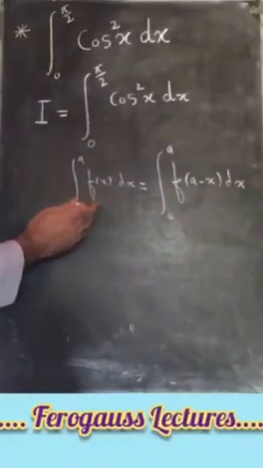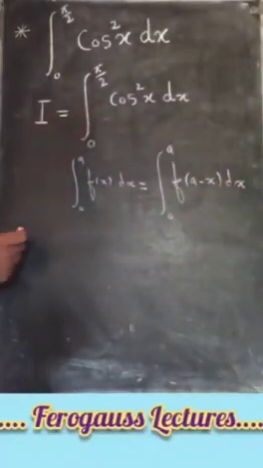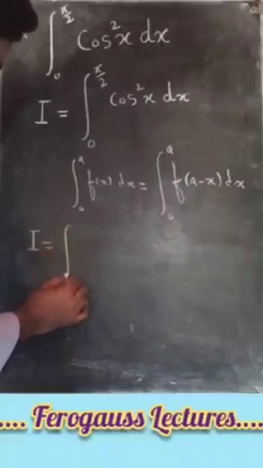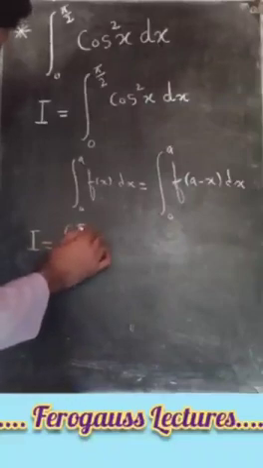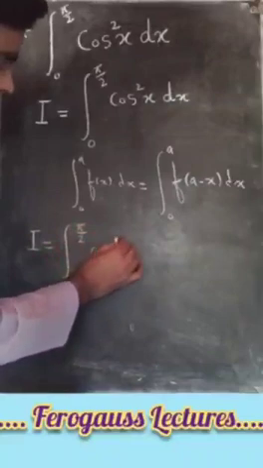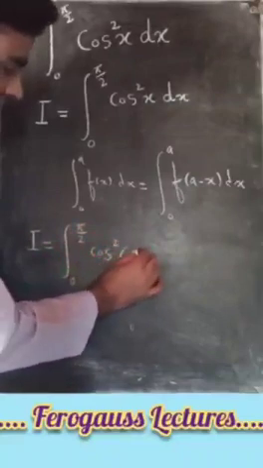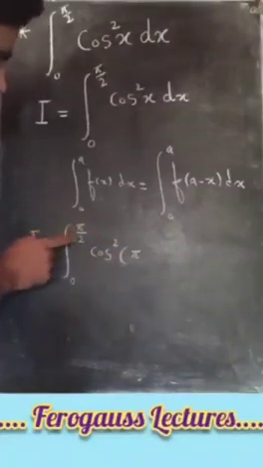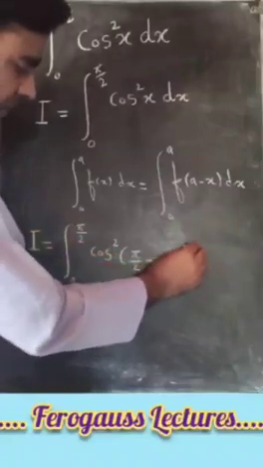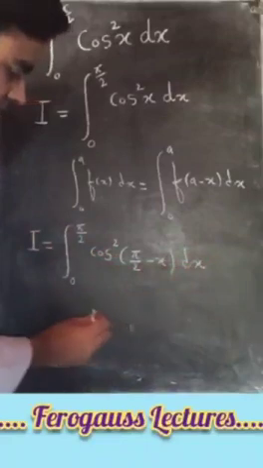Now we use this property in this integral and we get I is equal to integral 0 to pi by 2 cos square. Here instead of a we have pi by 2, so we write pi by 2 minus x dx.